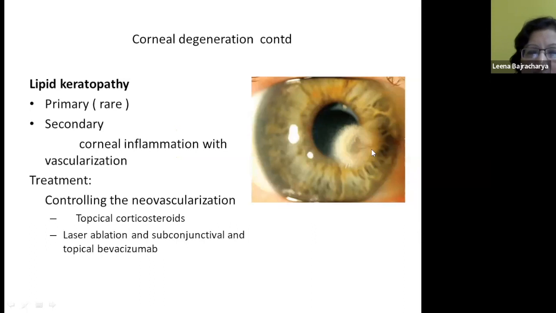If we treat corneal vascularization with topical steroids, laser or anti-VEGF, sometimes the lipid may regress along with the vessels. When vessels regress, the lipid may decrease or be cleared.